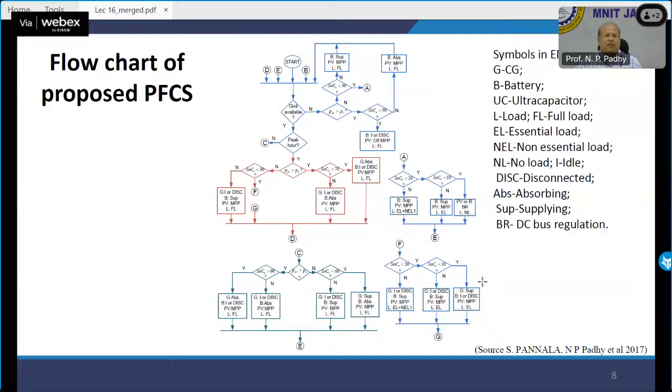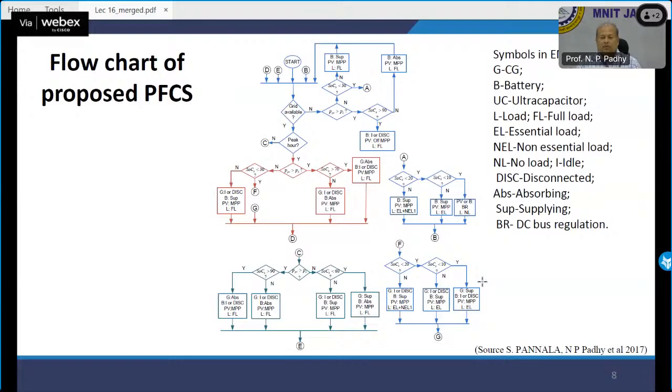Now, this is where I need your very serious attention. Symbols in the EMS are elaborated as: G is the conventional grid, B means battery, because these are all important when you get into the algorithm.